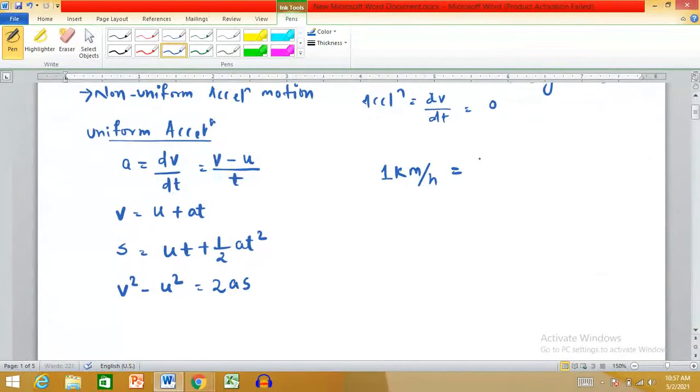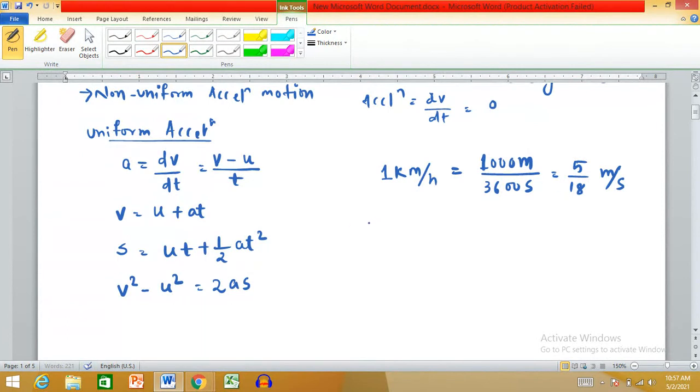So you need to convert kilometer per hour into meter per second. 1 kilometer is equal to 1000 meter, and 1 hour is equal to 3600 second, which is equal to 5 by 18 meter per second. So 1 kilometer per hour is equal to 5 by 18 meter per second.